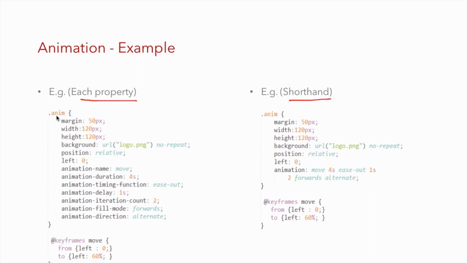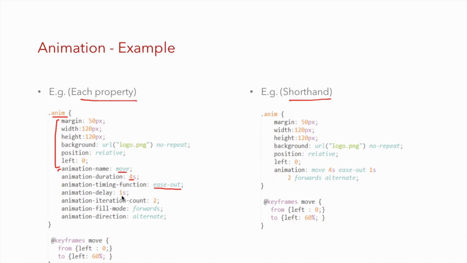In the example, you can see we have this class, and to this we have specified certain properties, and then we have properties related to animation. Here we are specifying animation name as move, and then animation duration is 4 seconds, and the animation timing function is ease out.